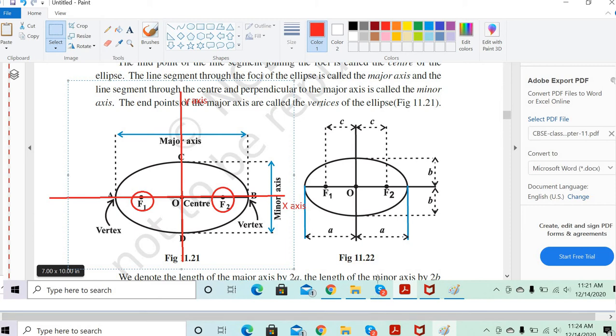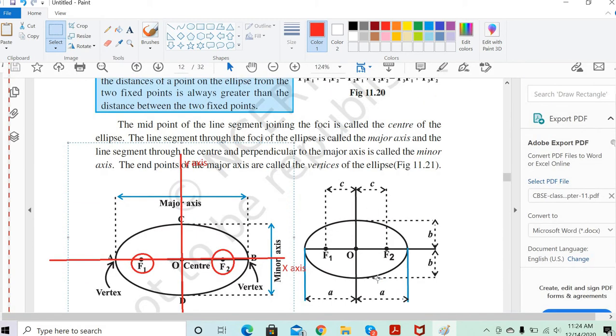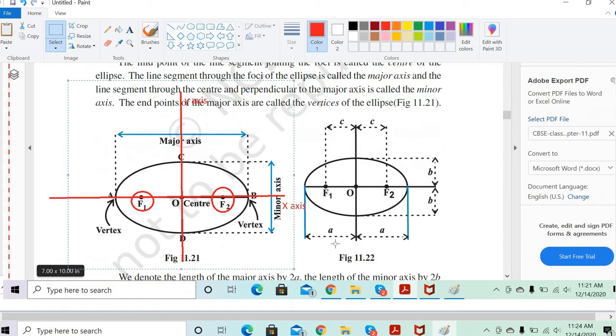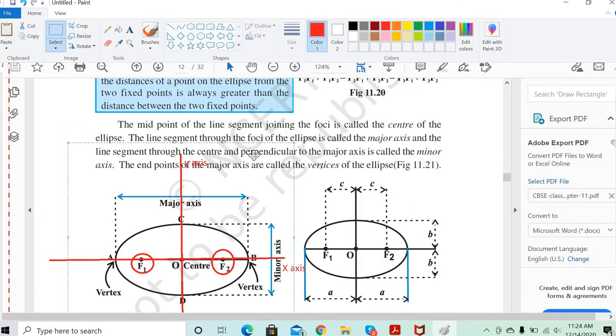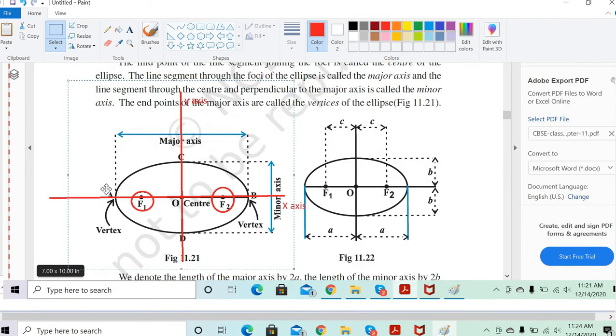Clear? The vertices are the end points on the major axis, called the vertices of the ellipse. Is it clear? Excellent.